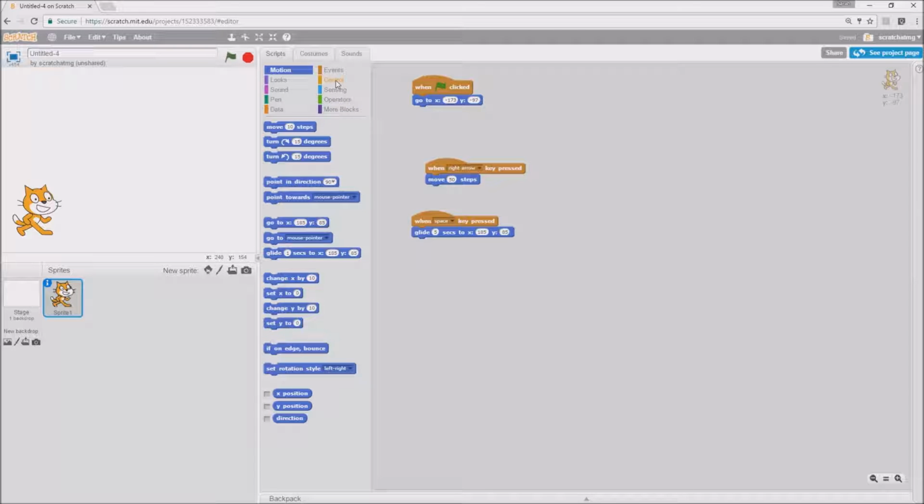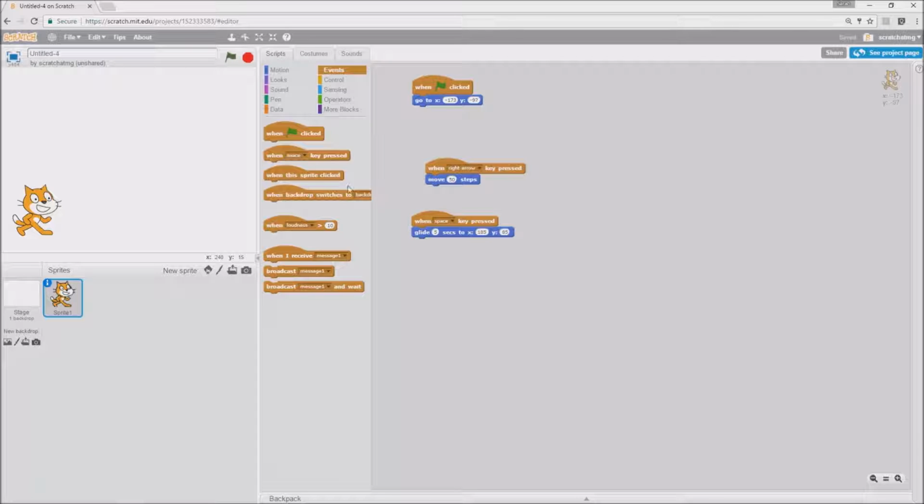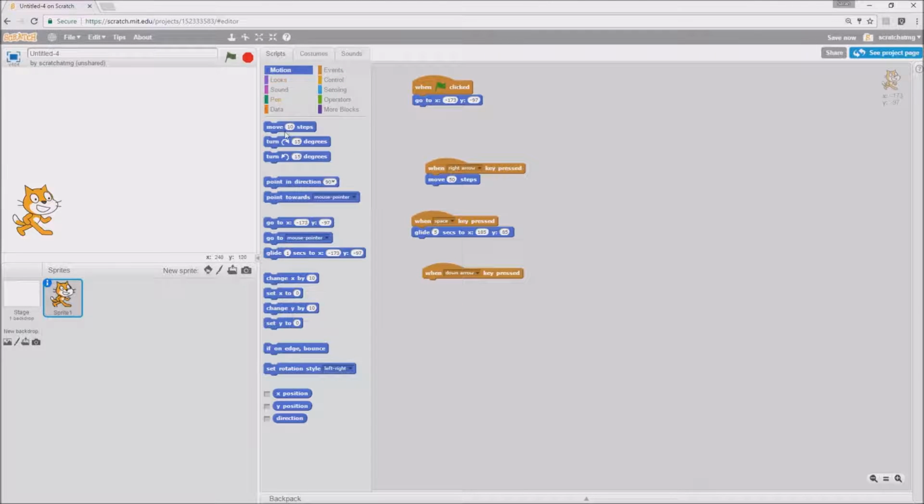Now let's just do one more. We'll do an event. This time we're going to do when the down arrow is pressed. He's going to turn, and he's going to turn 45 degrees clockwise. So let's click the down arrow and watch him turn.